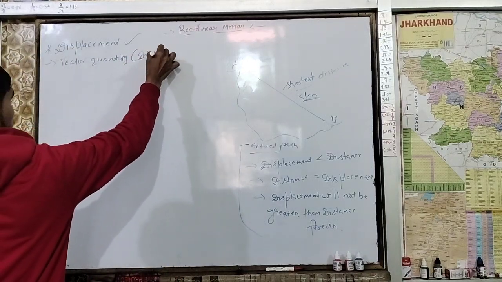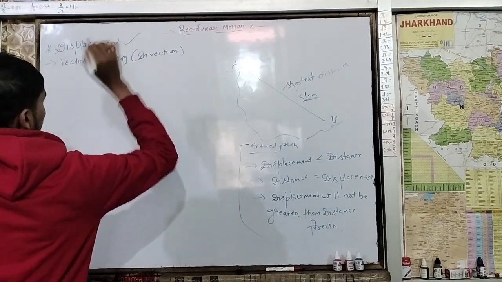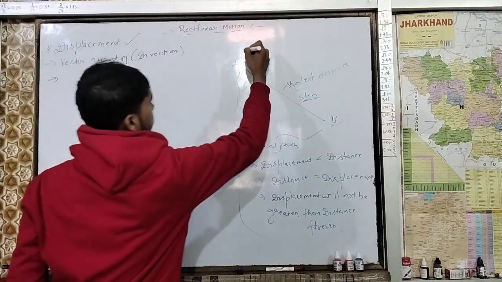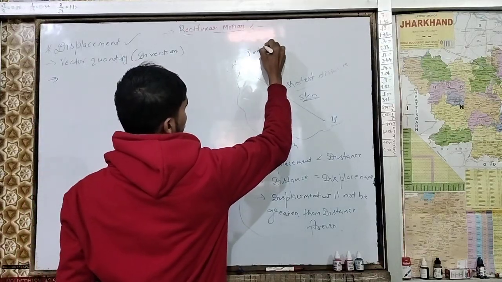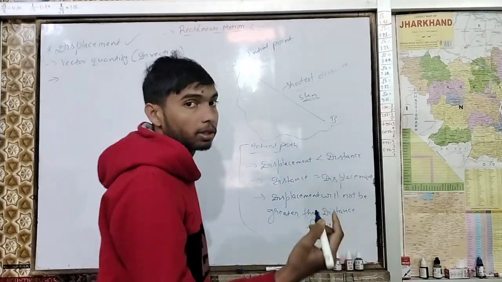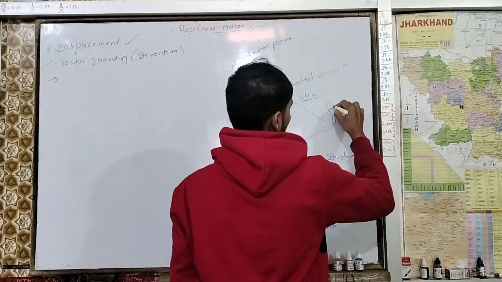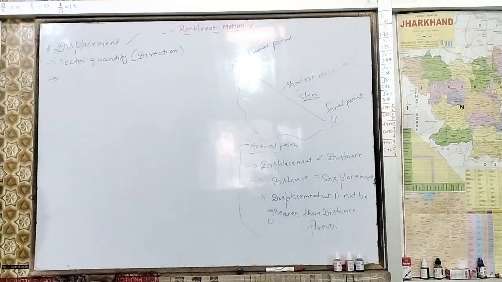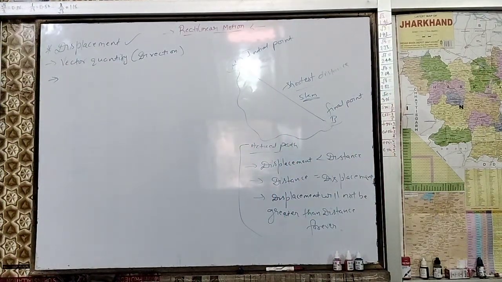Direction is compulsory for displacement. This will be known as the initial point, initial object, initial position. This will be known as the final point or final position. We consider it like this for displacement.